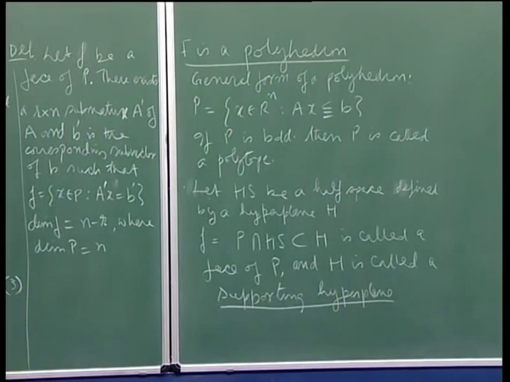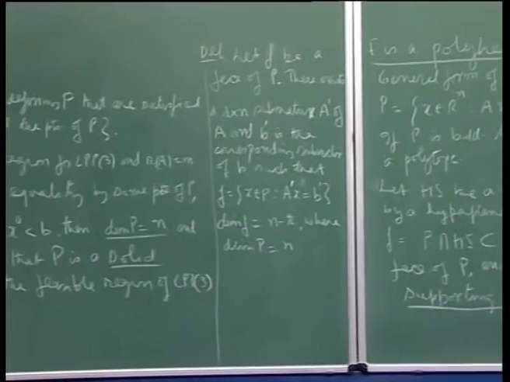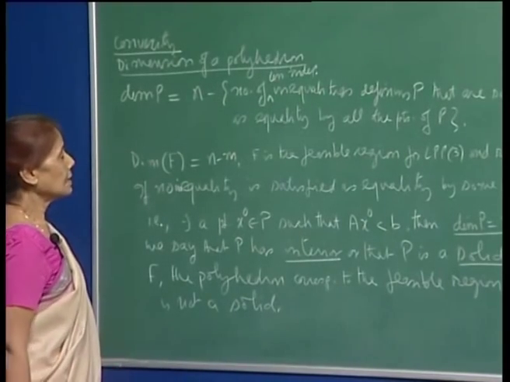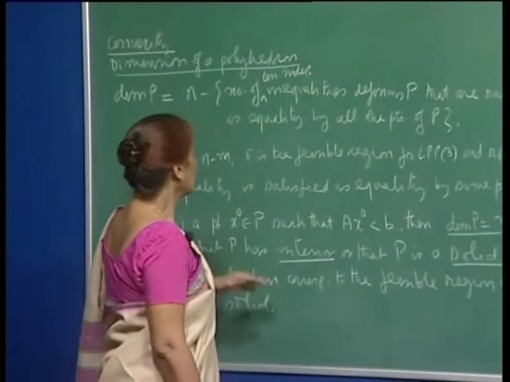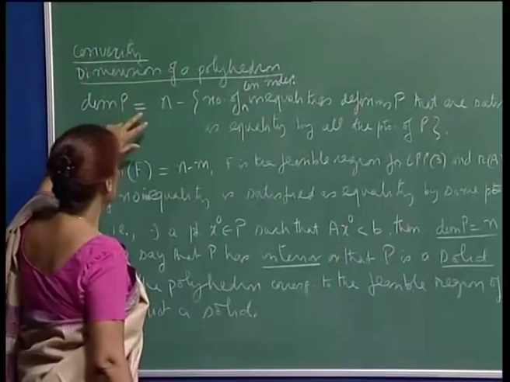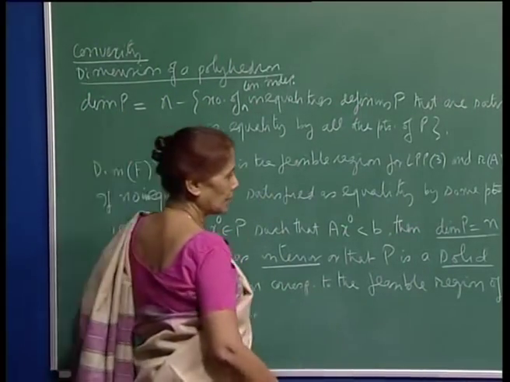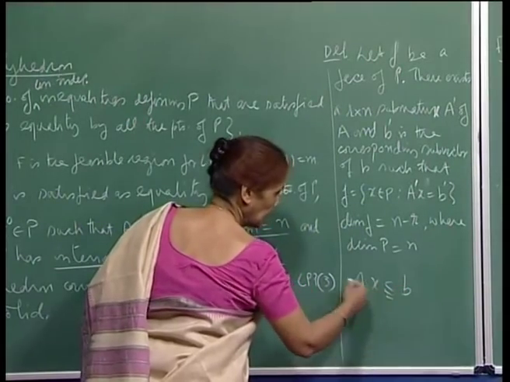Before I start talking more about special kinds of faces, let me first define the dimension of a polyhedron, which is important. And again, there are a few ambiguities, but what we are saying is that for the dimension of a polyhedron P, remember the general definition I gave you was Ax less than or equal to b, x in Rn.